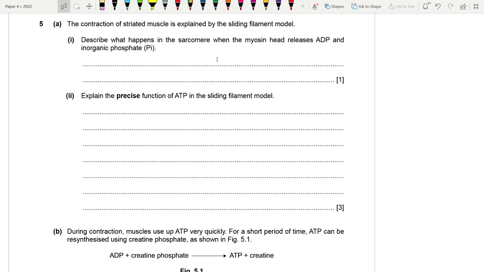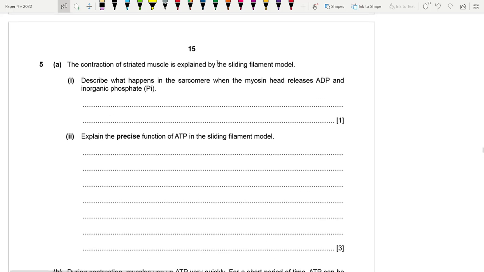And what actually happens when the power stroke occurs? The head actually releases ADP and inorganic phosphate. Okay, so mainly the sarcomere shortens, or you could say that the Z lines move closer together.